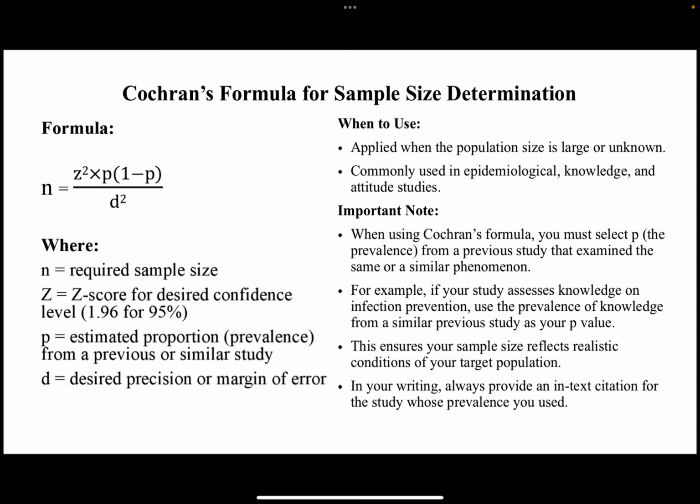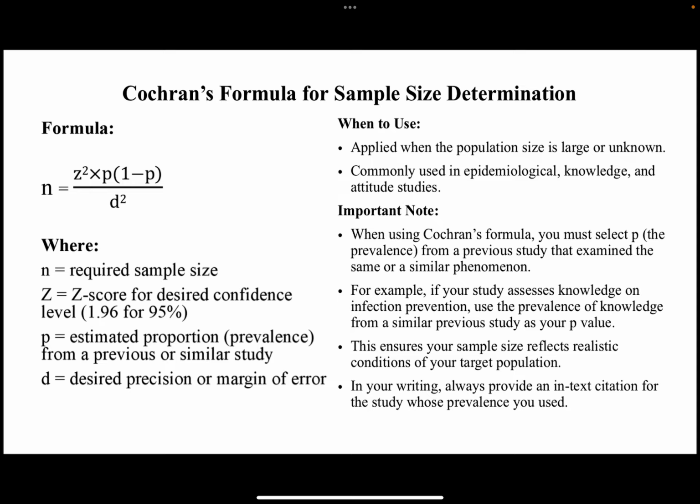There are two reasons you can use the Cochrane formula: when the population size is large or when the population size is unknown.